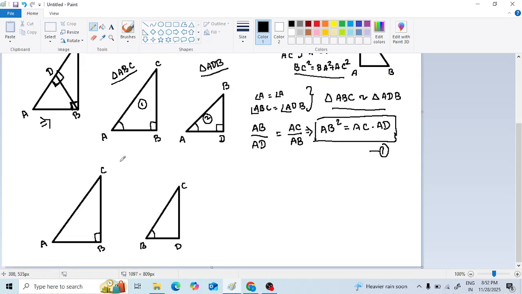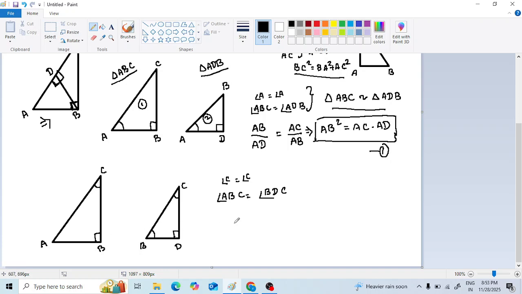Now you can see here, angle C is common. So angle C is equal to angle C. And angle ABC is equal to angle BDC, these two angles are right angles.